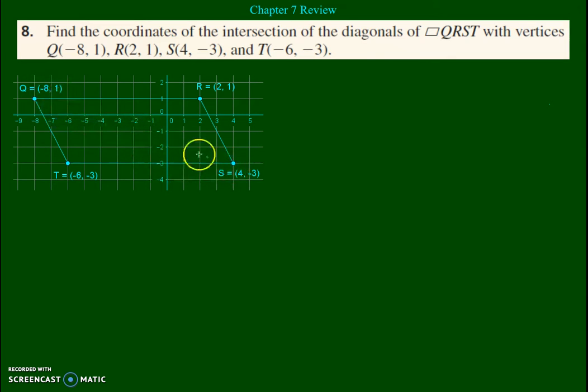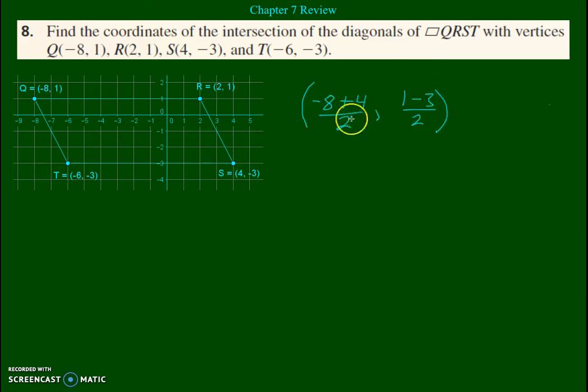So let's go ahead and find midpoint of QS. So we have midpoint, of course, is the average of the endpoints. So the x-coordinate is going to be -8 plus 4 over 2. And then the y-coordinate, 1 plus a -3, which is 1 minus 3 over 2.